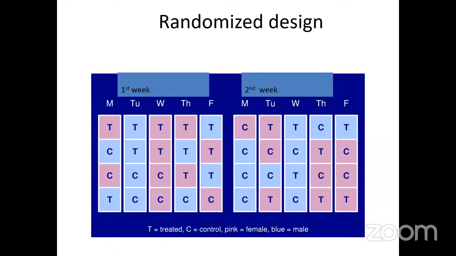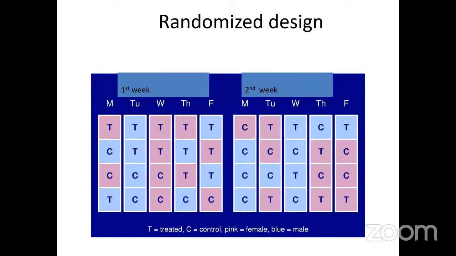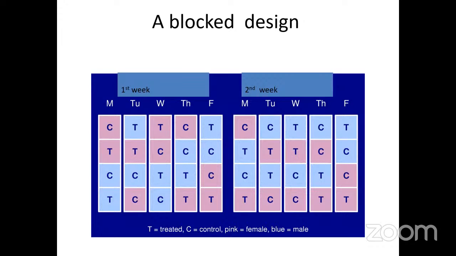Compared to this type of design, which is completely unrandomized and bad, this is much better, and this is also much better. So you need to bring randomization into the picture, whether it is treated versus control or male versus female. You need to mix up over the 2 weeks.